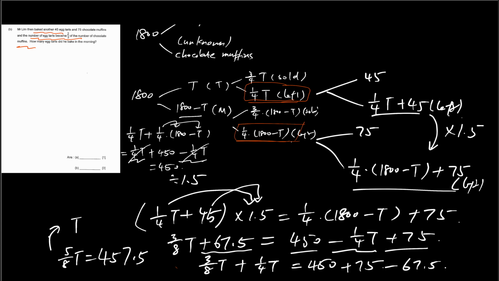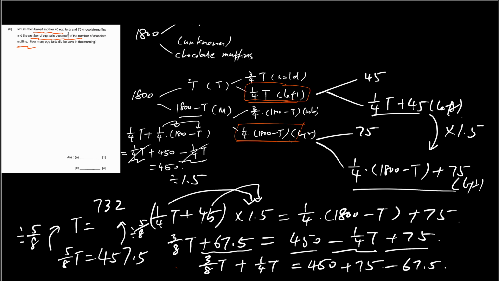So what is T? In order to get T, you need to divide by 5 over 8 on the left, and so you also divide by 5 over 8 on the right. So T is 457.5 divided by 5 over 8, which is 732.